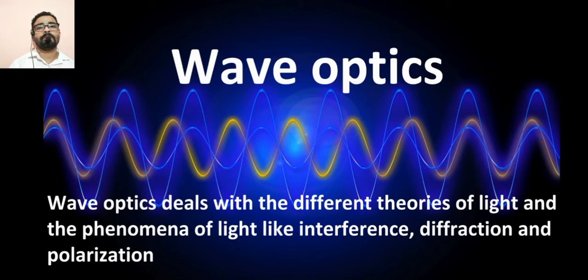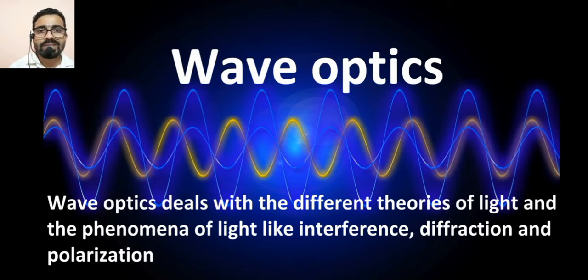In this session we will discuss some phenomena of light using another nature of light, which you already saw in the heading of this chapter, wave optics. That means we will see the wave nature of light in this chapter.